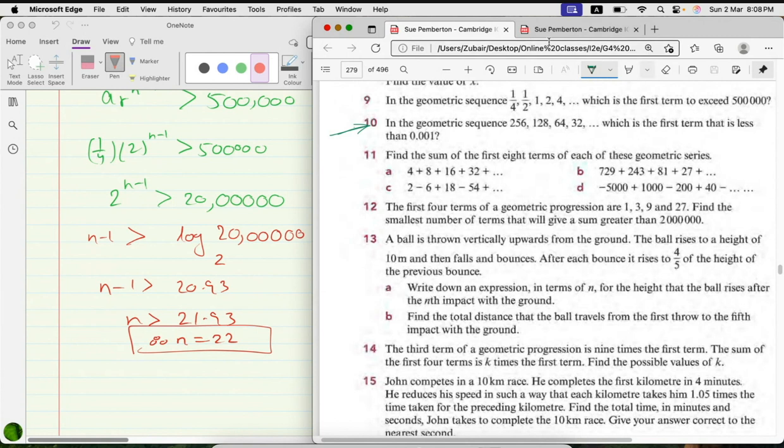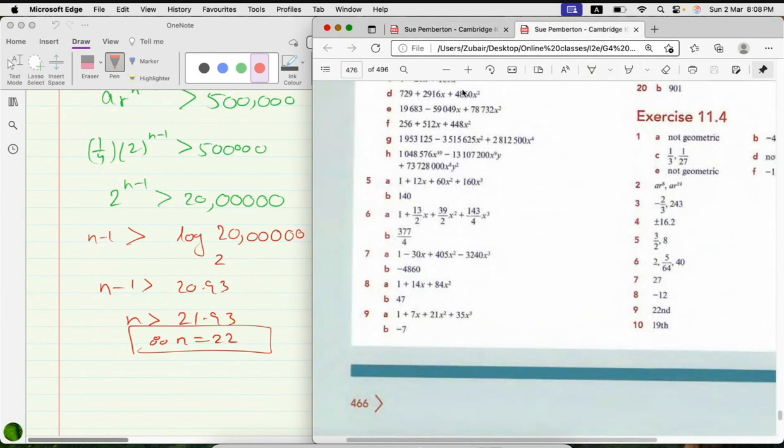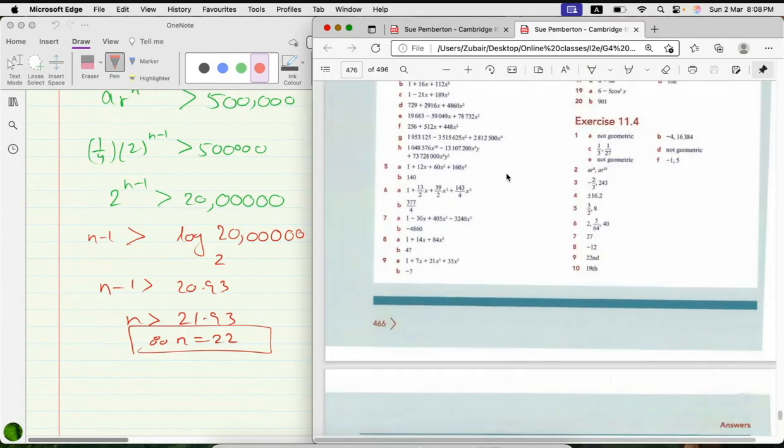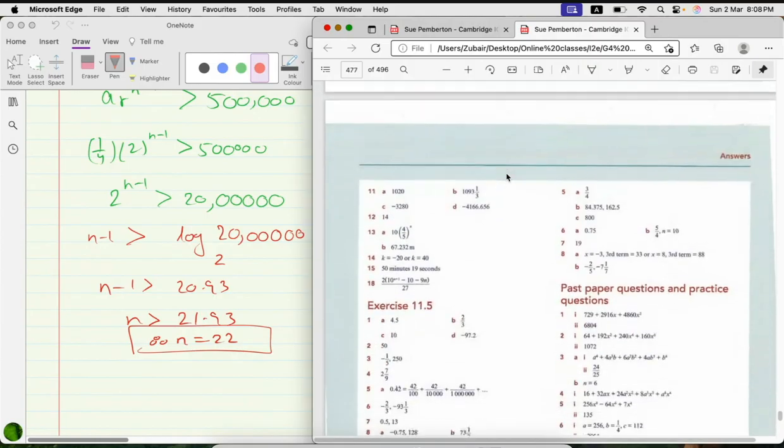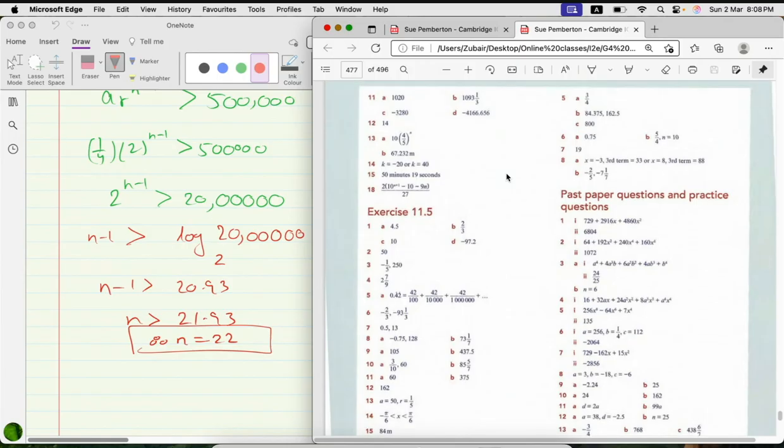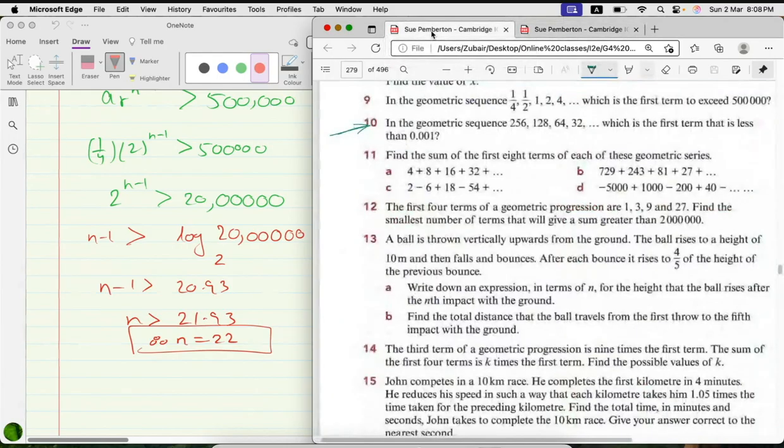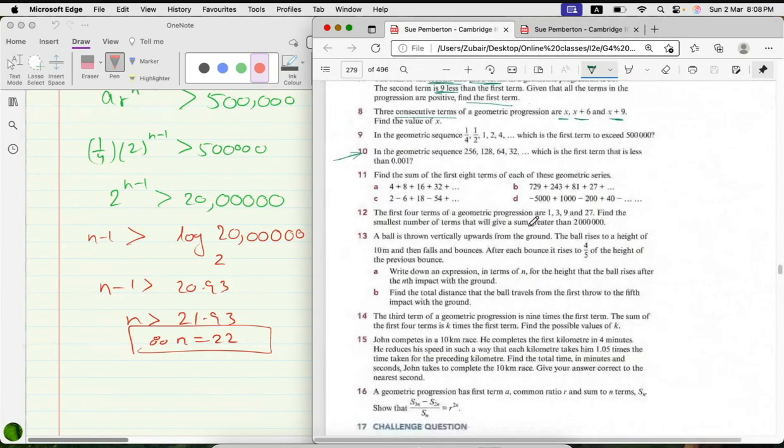Number 10, n equals 19 is correct. Okay.